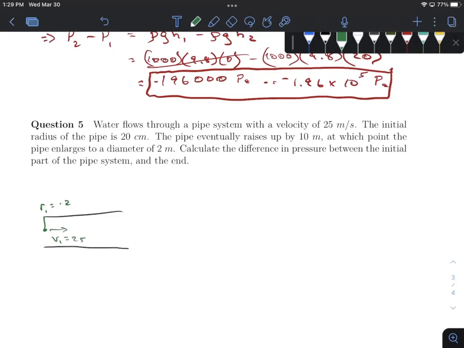Then what happens? The pipe raises up by 10 meters, so it goes up again. And then the pipe enlarges to a new diameter, so it's bigger.